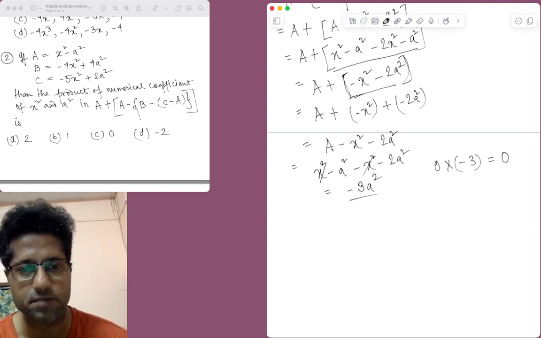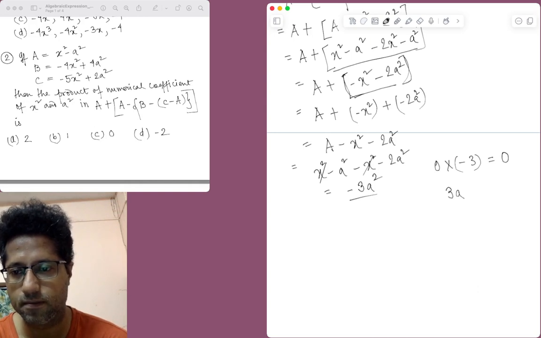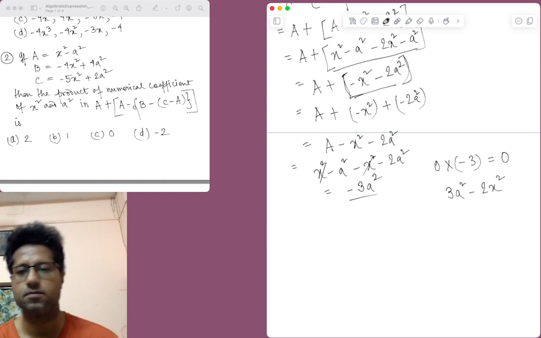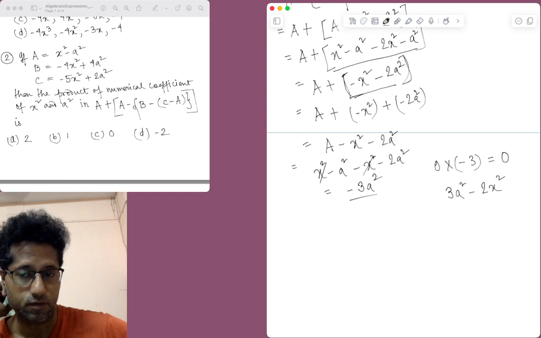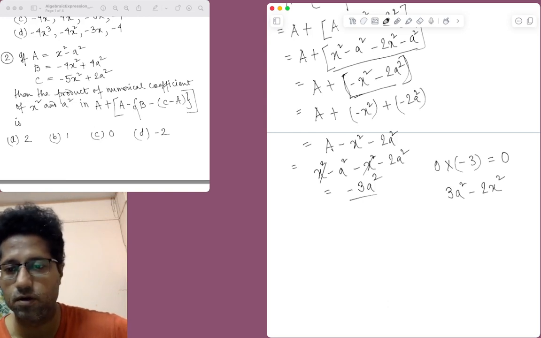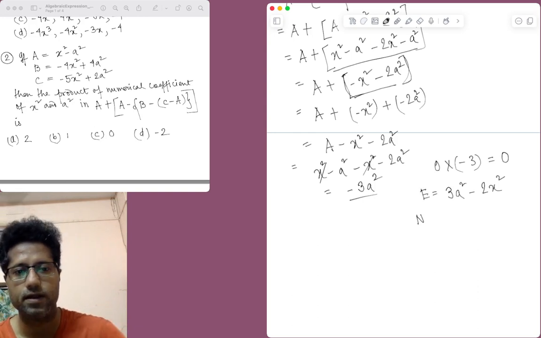Now let's suppose these algebraic expressions would have come to, let's say, 3a square minus 2x square. Suppose. Now what would the answer be? What is the numerical coefficient of, I'm writing in short, NC, numerical, and let's say this be E, an algebraic expression. This is the simplified algebraic expression.